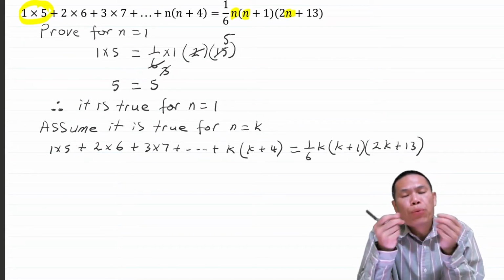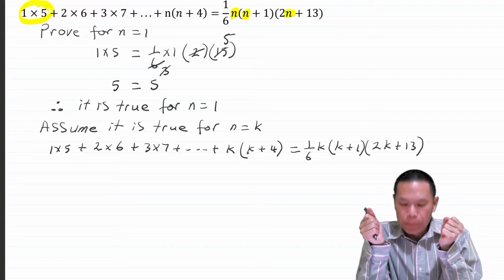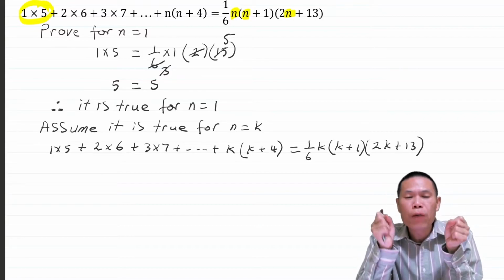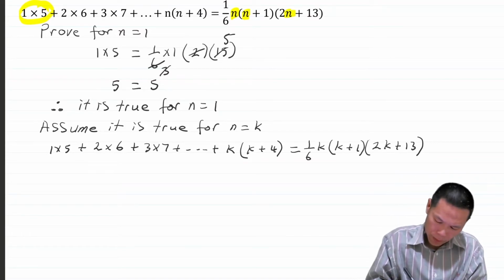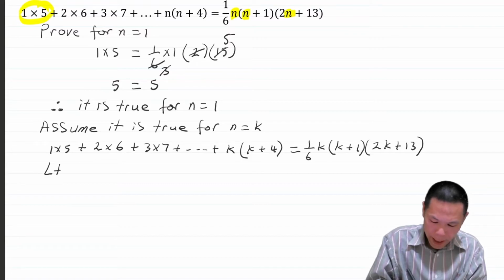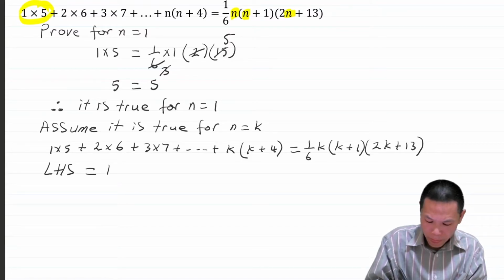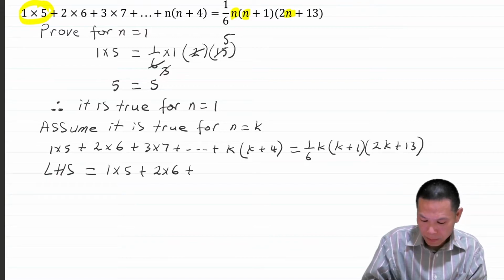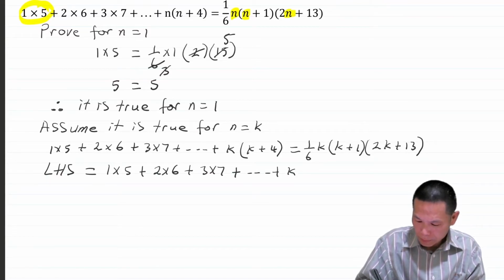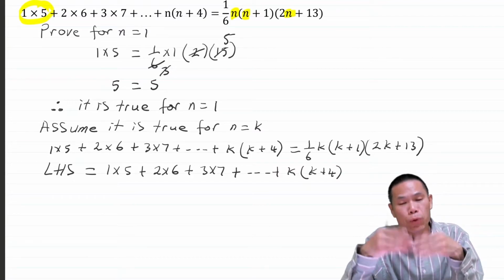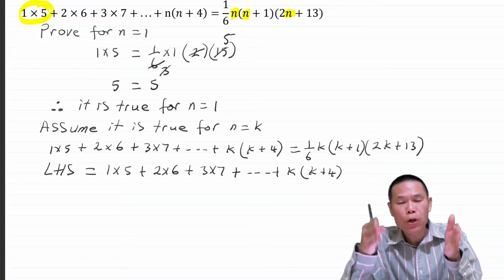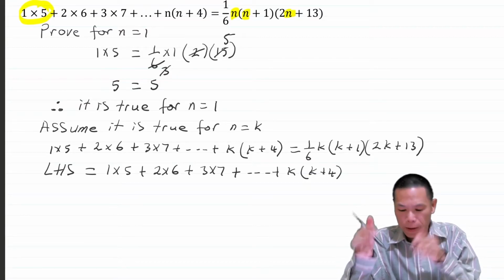Now, we need to prove for n equal k plus 1. So on the left hand side, we need to write all the way to k plus 1 term. So the left hand side is equal to, plus, and this is up to k terms, but we need to write 1 term extra because we write all the way to k plus 1.